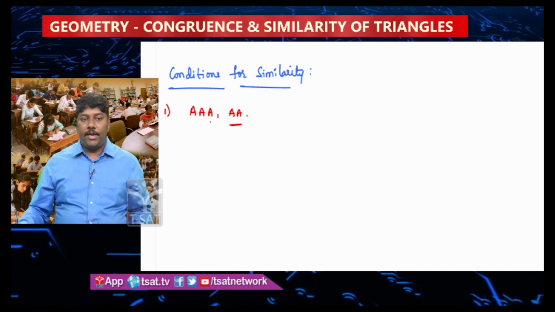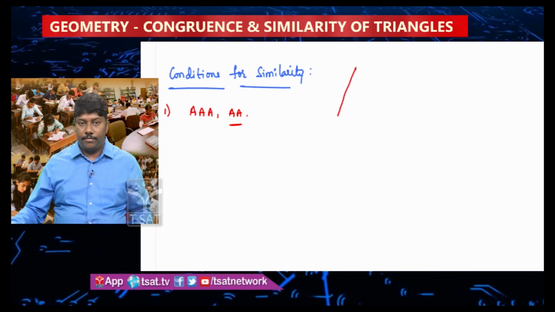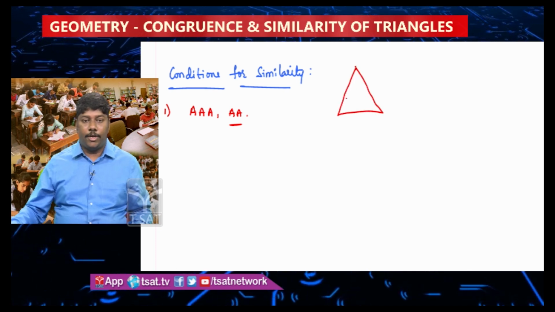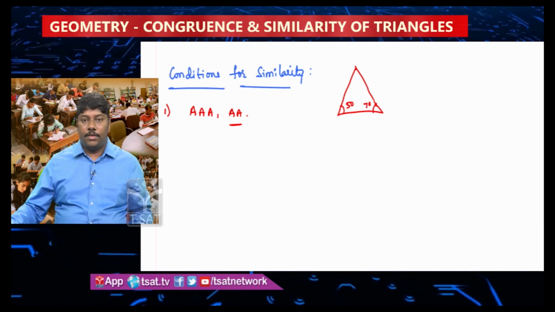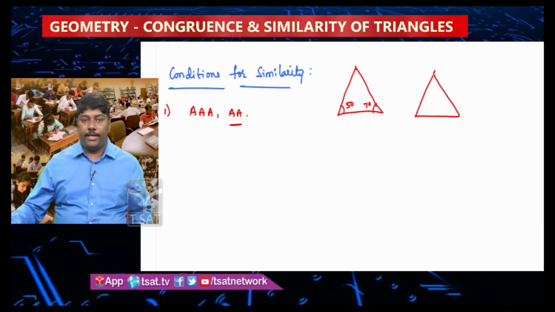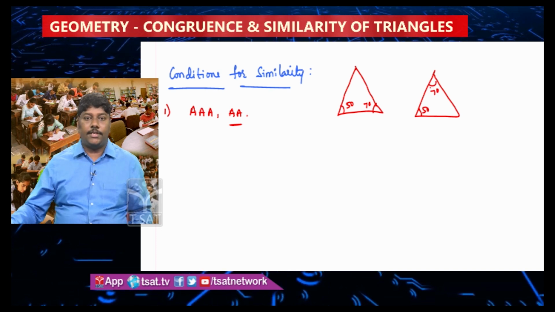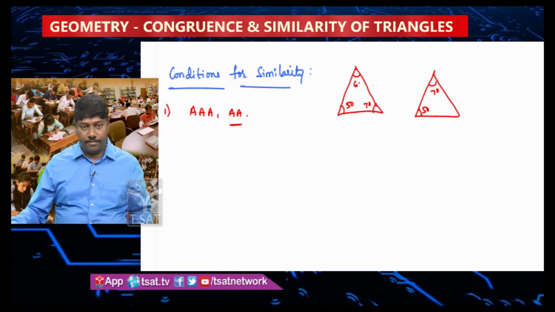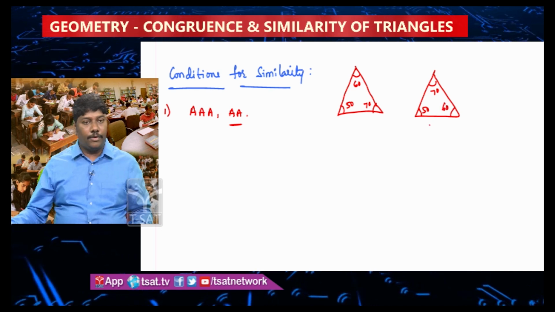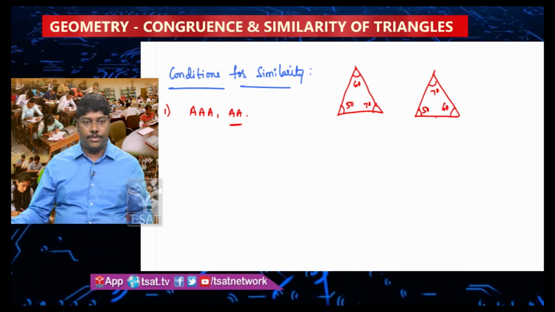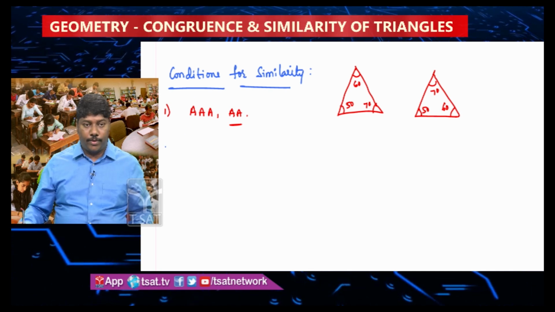If not three, at least two angles must be equal. If you don't know the third angle, it's not a problem, because if it is 50 and 70 in one triangle, and in the other triangle also 50 and 70, obviously the third angle in the first one is 60 and in the second one is 60. So even if you know two angles or three angles, it's okay.